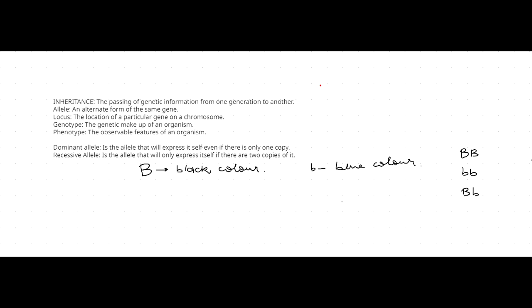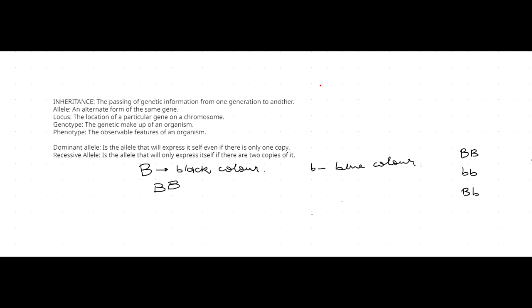Okay. Now, let's consider multiple possibilities. We will consider all of the possibilities. Let's say that we have a father who has a black eye color. So this is the genotype. The genotype is going to be capital B, capital B. The person has a black eye color.